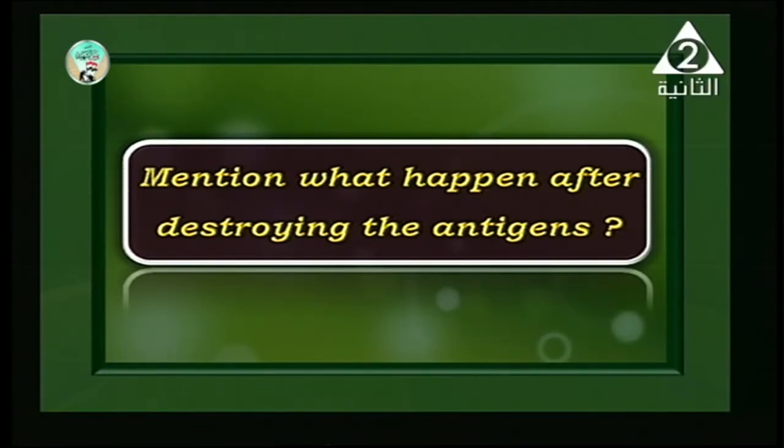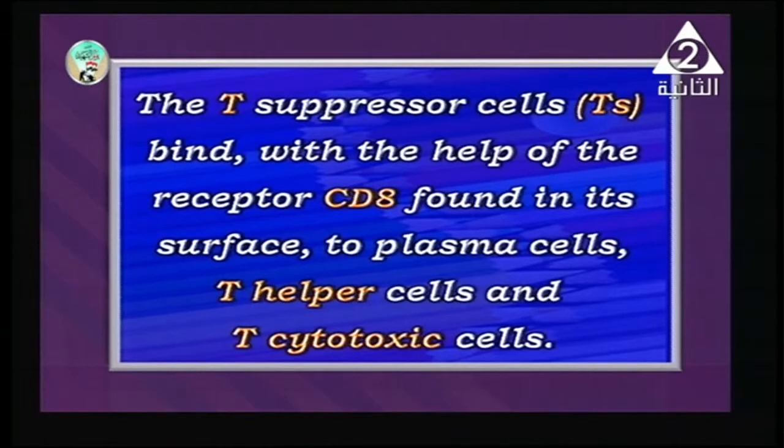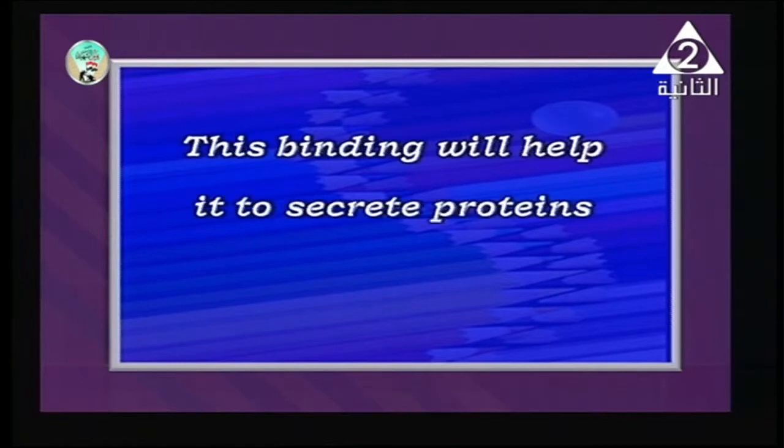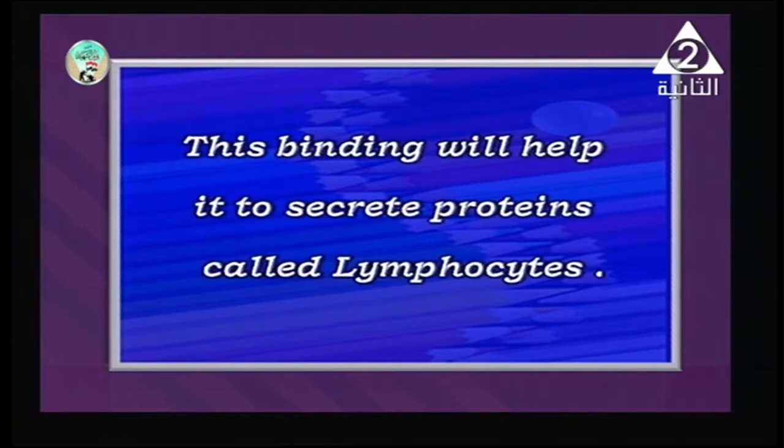The T suppressor cells bind, with the help of the receptor cluster of differentiation 8 found on their surface, to the plasma cells. The T helper cells and T cytotoxic cells, this binding will help to secrete a protein called lymphokines.